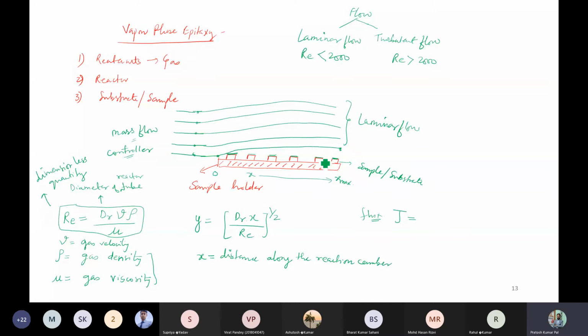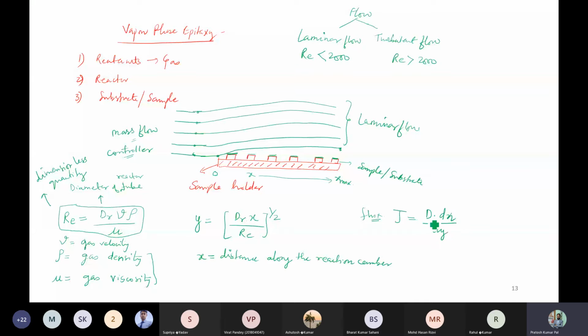Here, the change in concentration is given by dN divided by dy, the thickness of the boundary layer. So this is like a boundary layer.